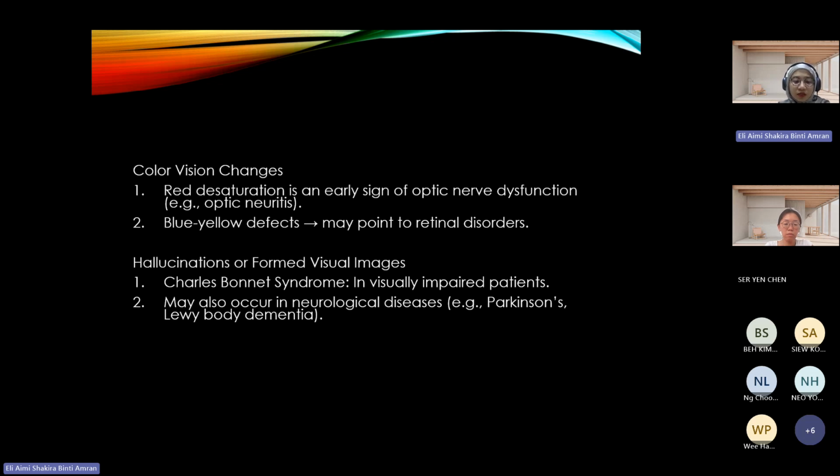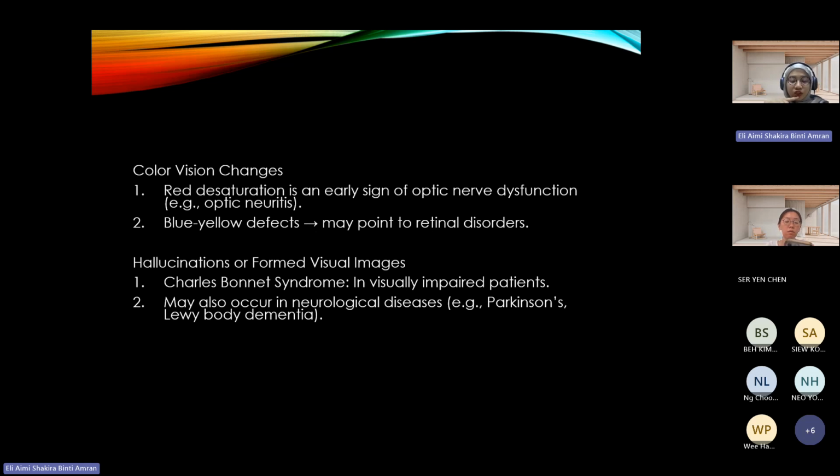These hallucinations mean they hallucinate an image. For example, they see an apple as an orange, or they see a chair as a desk. Different hallucinations basically.